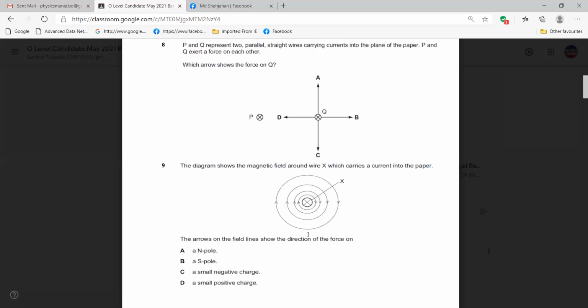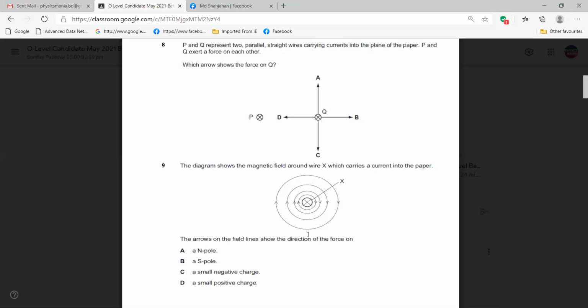Is there anything related to the right hand rule here? Yes, right hand rule. Using the right hand grip rule, we have the magnetic field lines direction showing clockwise, right? Of course, there is the right hand grip rule. That's why we are getting clockwise direction.